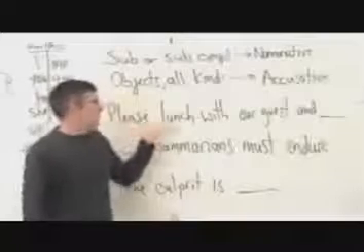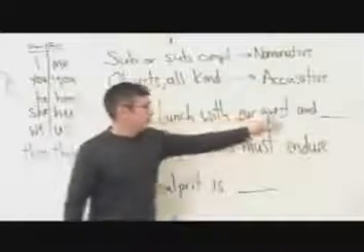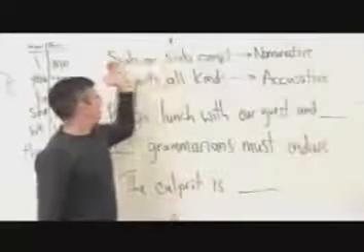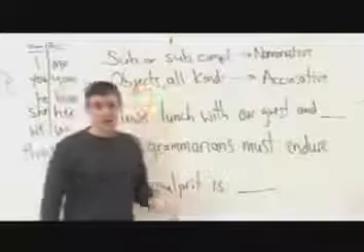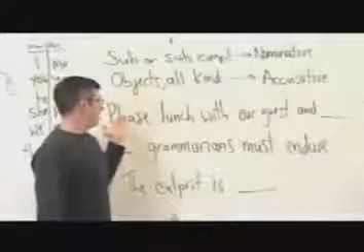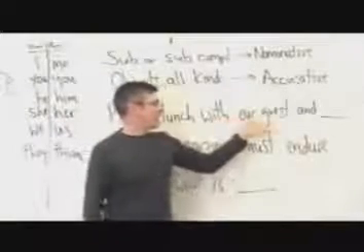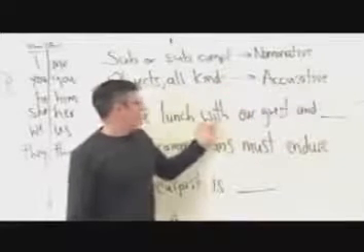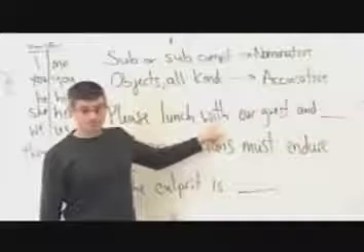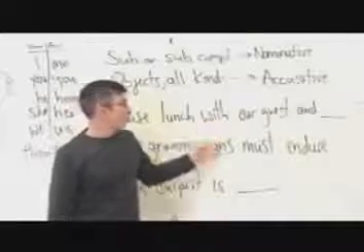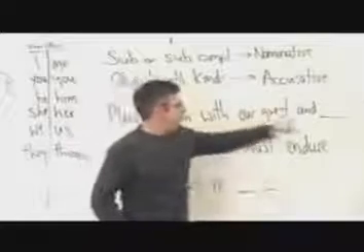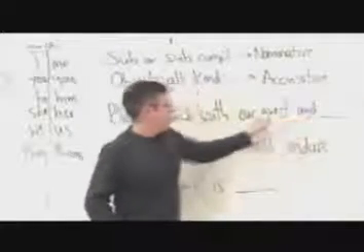These are two distinct issues. So what you want to ask is, what is this thing that's going to fill that blank? What is its grammatical function? Is it a subjective complement? Is it a subject? Is it some kind of an object? Please have lunch with our guest and, now. This is a preposition, with. What is its object? Well, in fact, it has two, because we have this conjunction here.